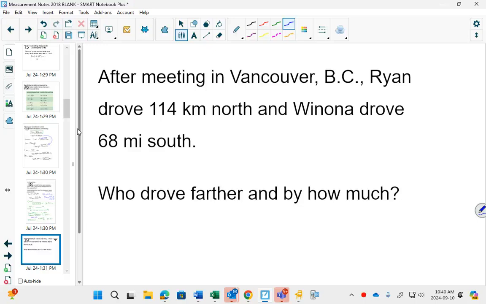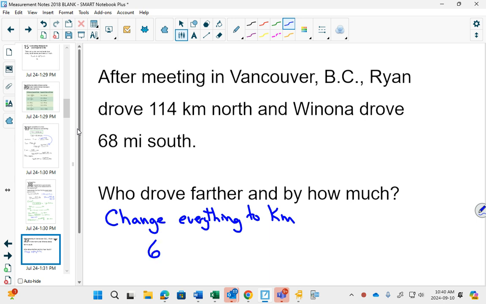Some people might decide, well, it's hard to compare because one's in miles and one's in kilometers. So one group might decide to change everything to kilometers.